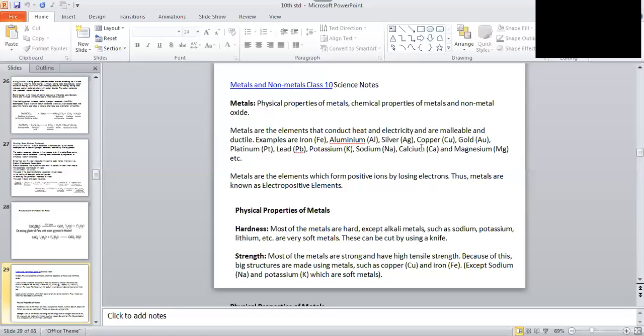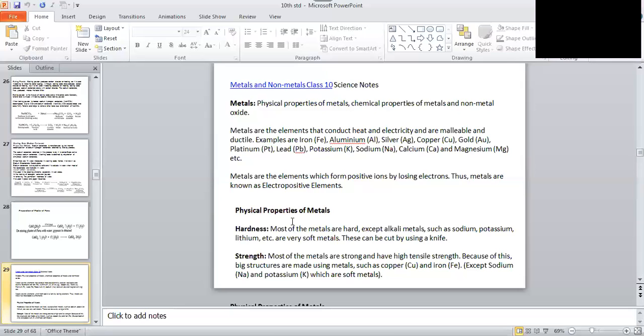So these are different examples of metals. Metals are elements which form positive ions, meaning cations, by losing electrons. Loss of electrons is called oxidation. So metals are electropositive elements.